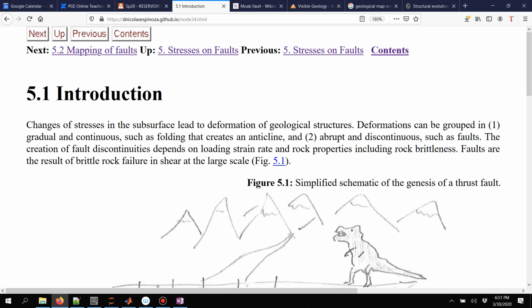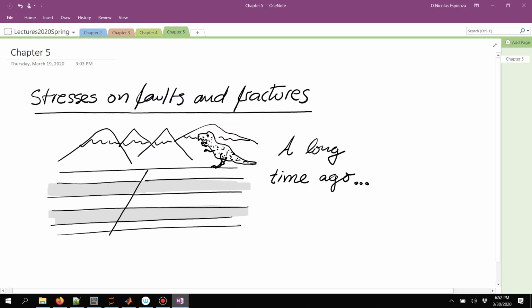The first question is how faults are formed. And here I'm going to make a schematic of this.